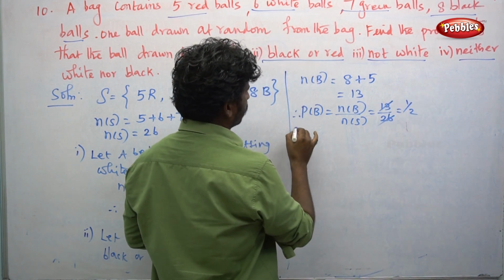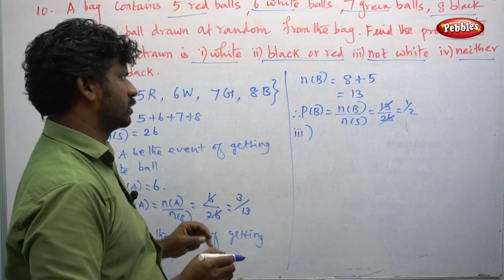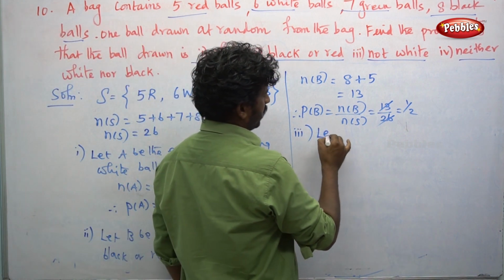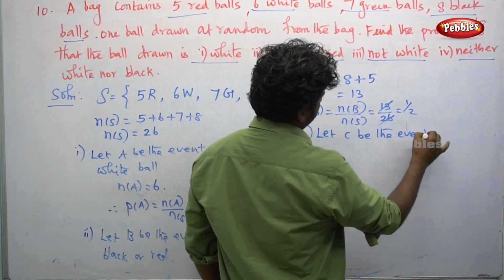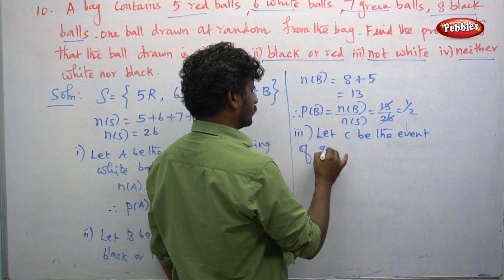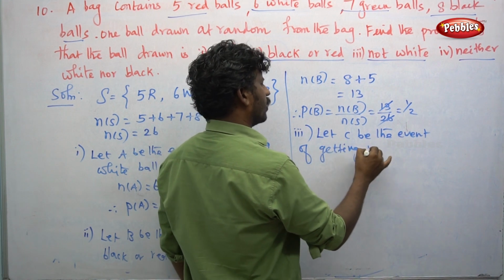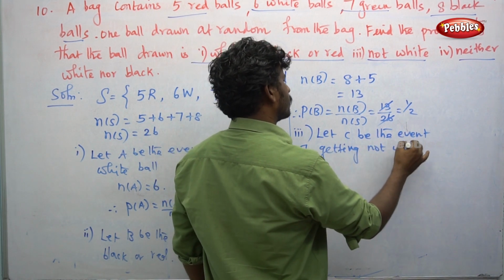Then question number 3, not white. So this is the C event. Let C be the event of getting not white.